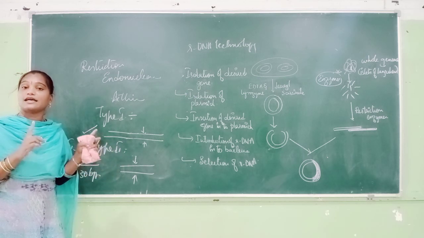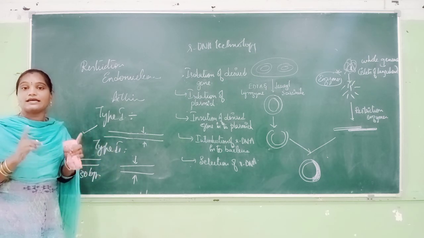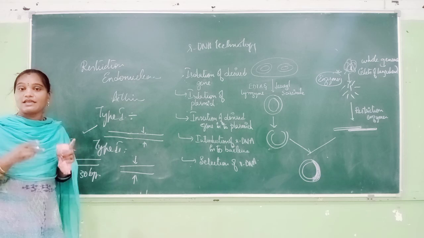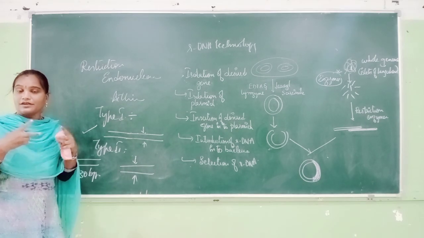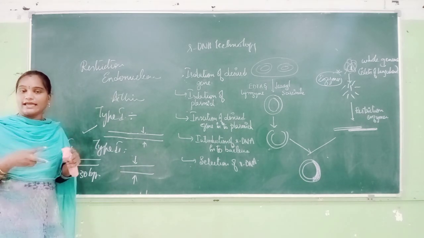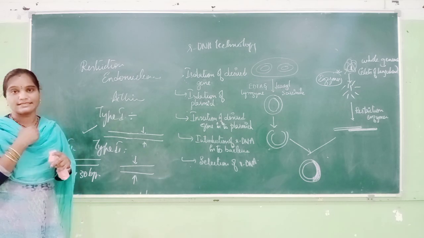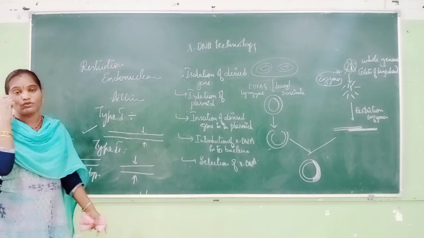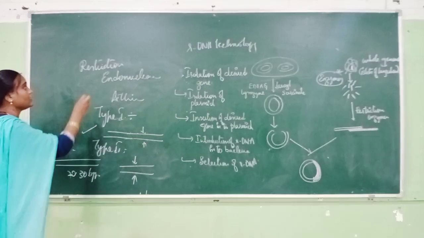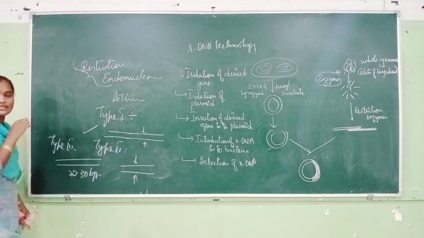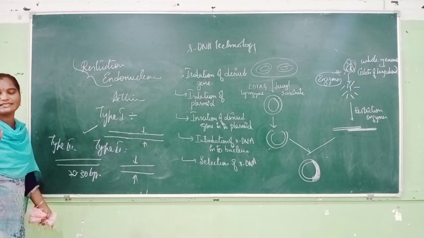Restriction endonucleases are also known as molecular scissors. They will cut your DNA molecule, isn't it? So they are known as molecular scissors. One more thing: coming to the nomenclature of restriction endonucleases, how the naming of the enzyme is given.